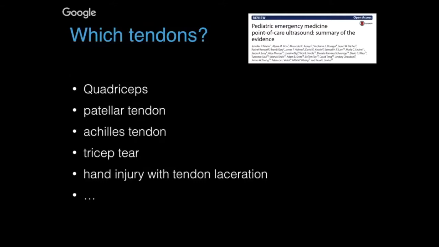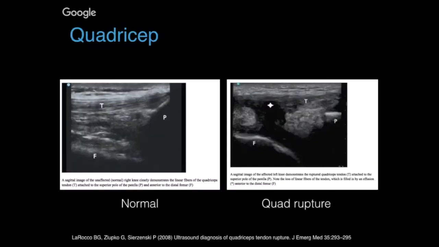And so in terms of the tendon ruptures, to give a few examples, this was a case of a quadriceps rupture where on the left-hand side you see a normal quadriceps, where there are linear intact fibers of the quad tendon attaching to the superior pole of the patella and the anterior aspect of the femur.